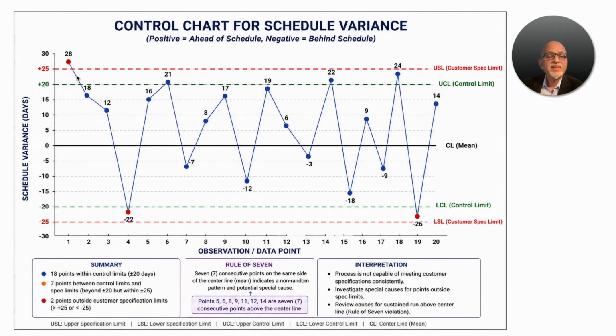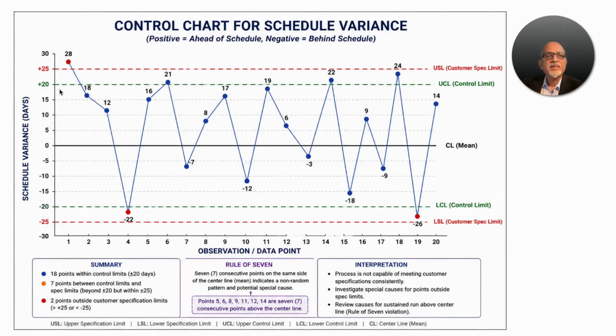In this scenario, the customer has given us an order and says there should not be more than 25% deviation in the schedule. They don't want us to complete too far ahead of schedule, and at the same time there should not be too much delay beyond 25 days.